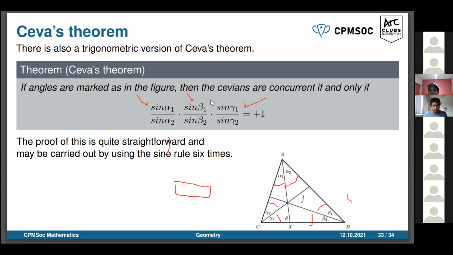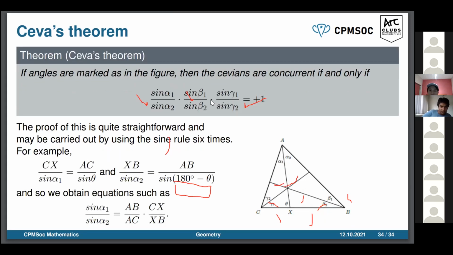And you can prove it using the sine rule by applying it several times. So for example, CX over sine alpha 1 using the sine rule is the same as AC over sine theta, if you make this angle theta, and also XB over sine alpha 2 is the same as AB over sine of this angle here, which is 180 degrees minus theta.